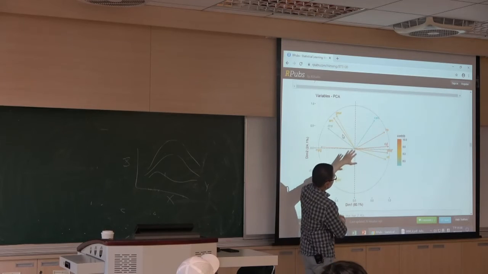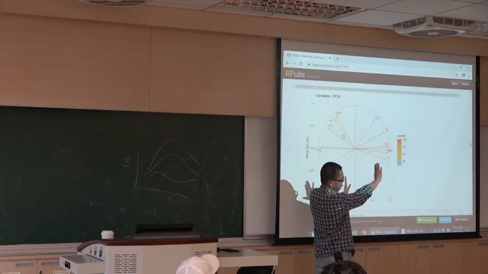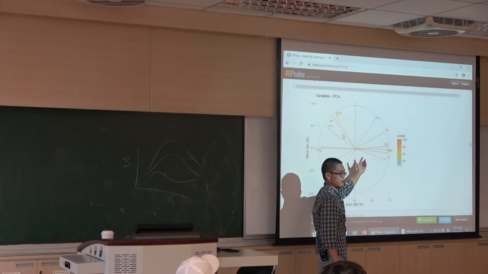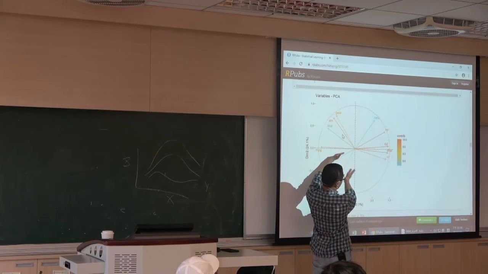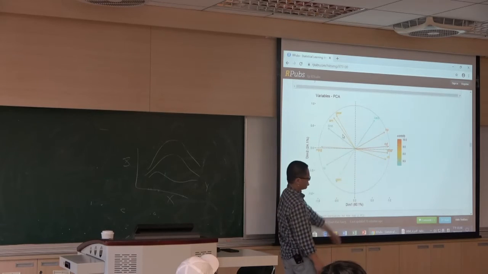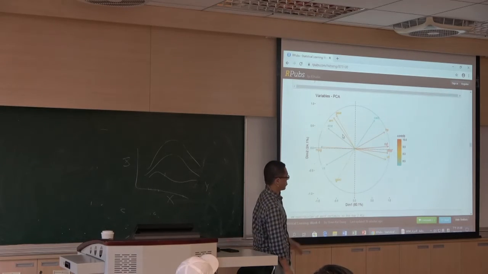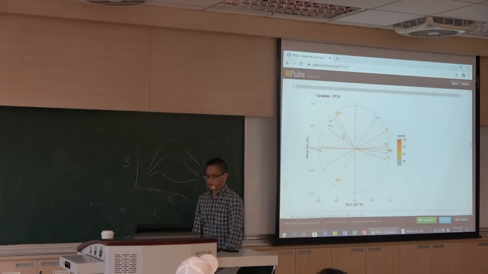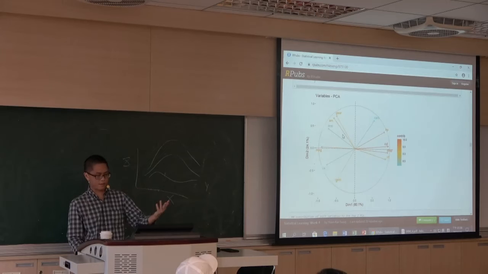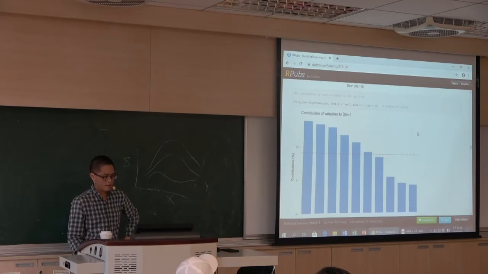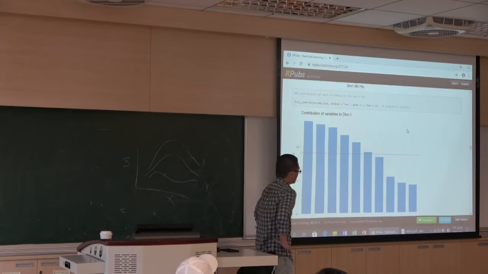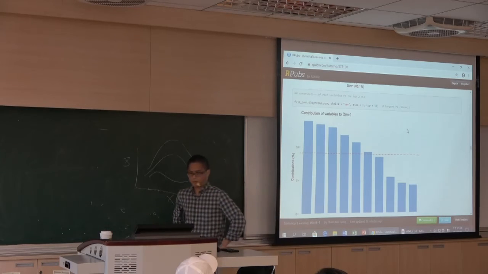If two variables are on opposite sides of this graph, it means they share a negative correlation. If they are on the same side, they are probably positively correlated. So we can take a look at how they are correlated and how much they contribute to the top two principal components. And you can also evaluate that with a histogram or bar graph.